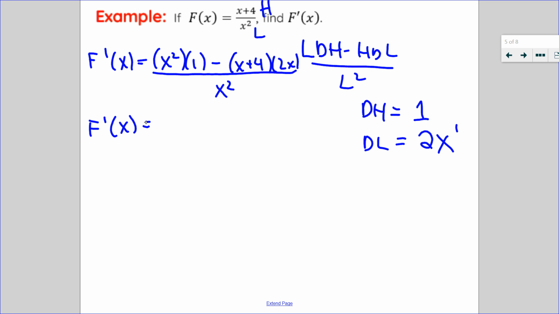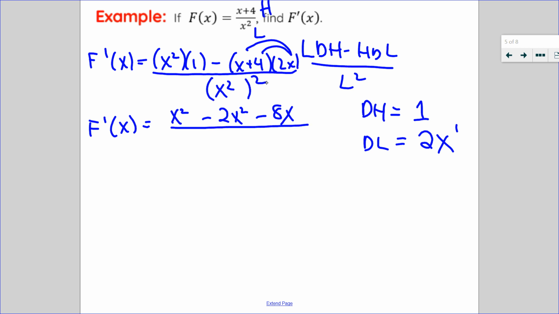Looking at this, I see this as an expand and simplify question. So x squared times 1, and then I'm going to distribute the 2x, but remember it's subtracted. So I'm going to subtract x times 2x, which is 2x squared. I'm going to subtract 4 times 2x, which is 8x, all over. Now I need to draw a line and square below.